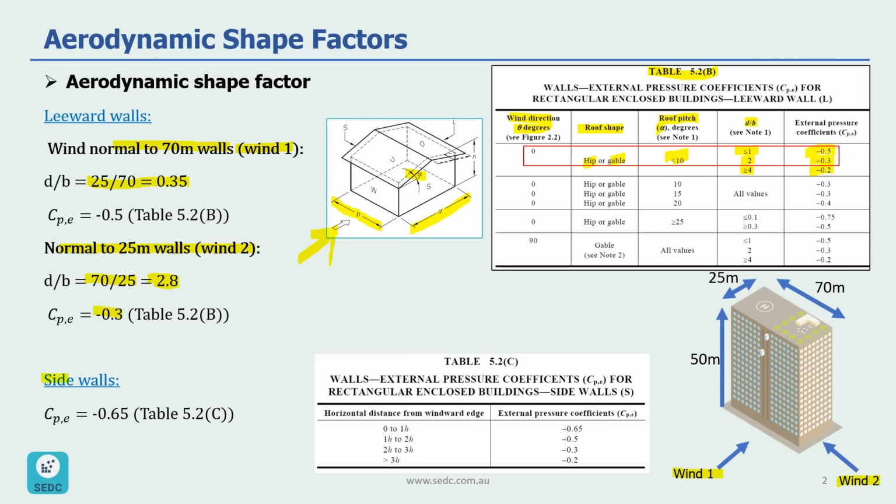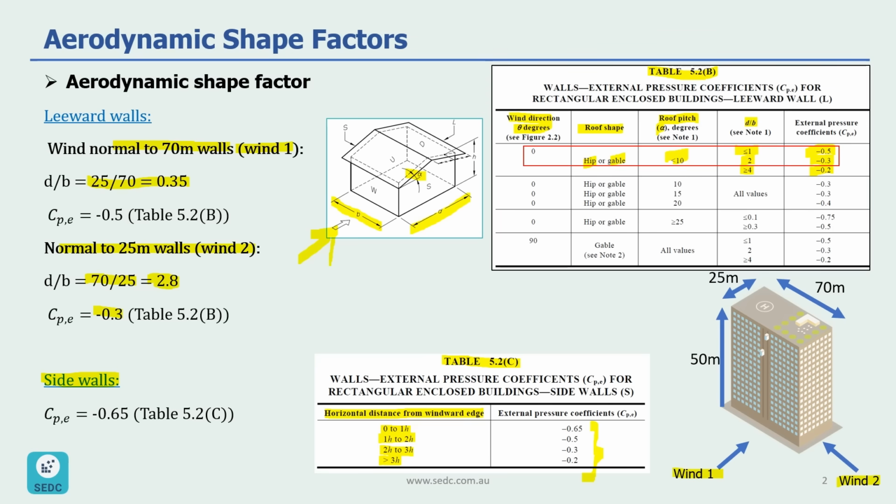If I look at the side wall for determining this Cp,e, I need to look at Table 5.2(c). As you can see, for different values of horizontal distance from the windward edge, which is defined as 0 to 1h, 1h to 2h, 2h to 3h, and more than 3h, we have 4 different values for Cp,e.